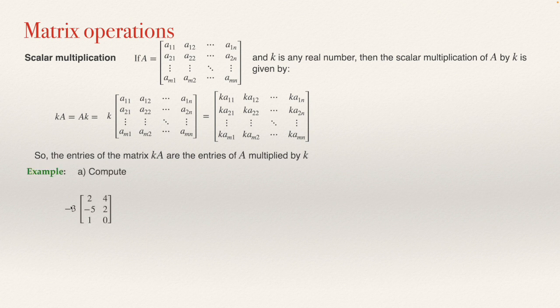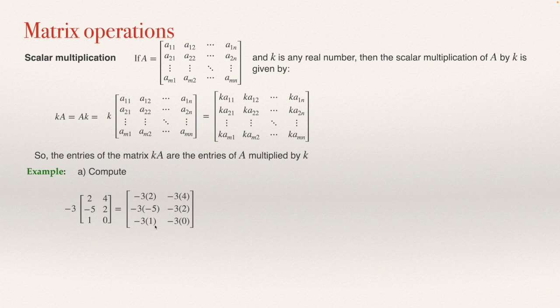For example, -3, this scalar, multiplied by this matrix. What you need to do is multiply -3 times 2, -3 times 4, -3 times -5. So multiply each element of the matrix by this -3, and the answer will also be a matrix. So this will be the answer: -3 times 2, -3 times 4.